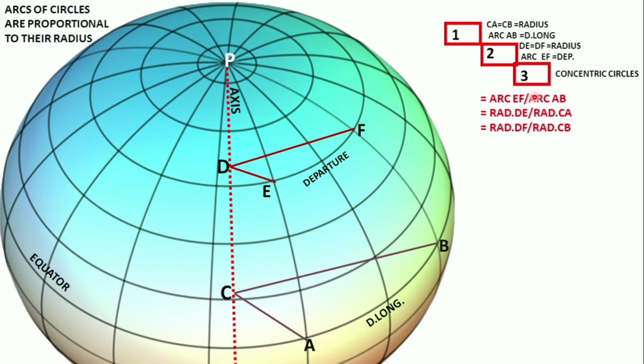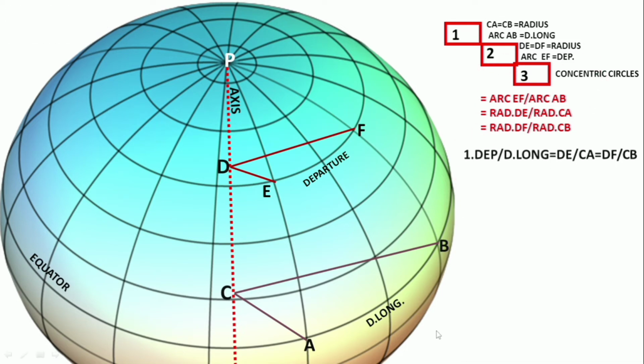So I put it down here: arc EF divided by AB, and the radiuses. So these arcs are departure and D.LONG, is equal to your radiuses here, proportional to the radius.